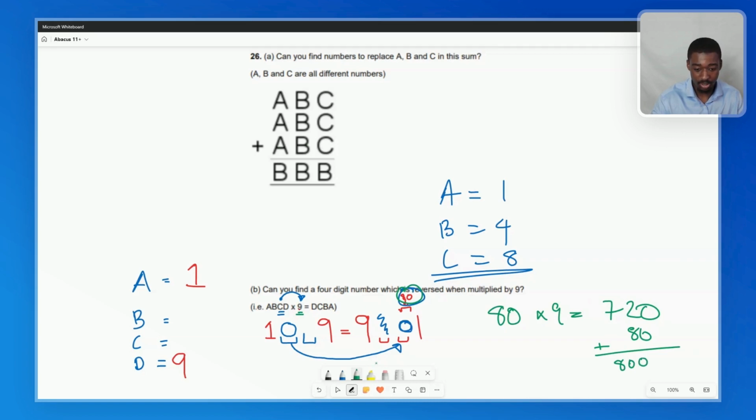And that allows us to have 800 here, and then the 1 from 9 times 9. So we had 9 times 9 giving us 81. And then we had the 80 times 9 giving us 720. So 720, add the 80, add the 1, overall gives us this 801, which we're seeing here, 801.